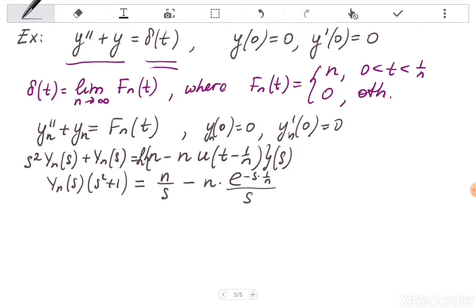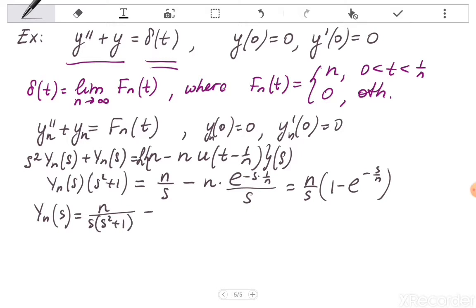So let's rewrite it as n over s times 1 minus e to the minus s over n. And now we can find Yn of s, it's better with the brackets opened, as n over s minus n e to the minus s over n over s, all divided by s squared plus 1.